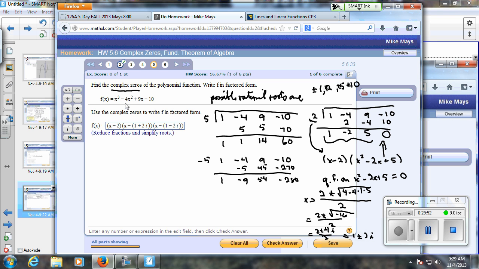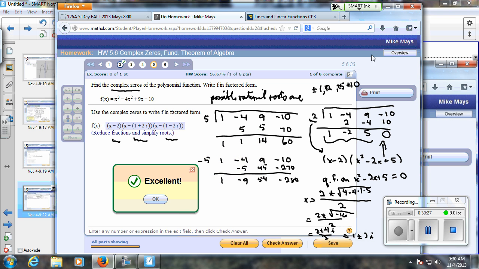So roots are 2, 1 plus 2i, 1 minus 2i. There's one factor for each one of those, and if it turns out that's not the answer, I'll report the answer as though I didn't factor the quadratic part. But since they ask to find all the complex zeros, now I'm looking at the complex zeros and see them all. So I think I got that. I think that's the form they would want.